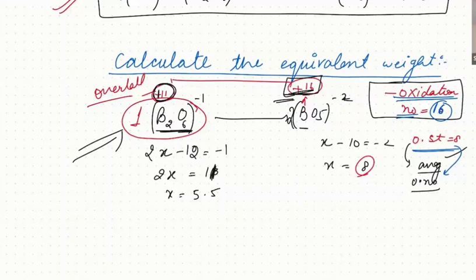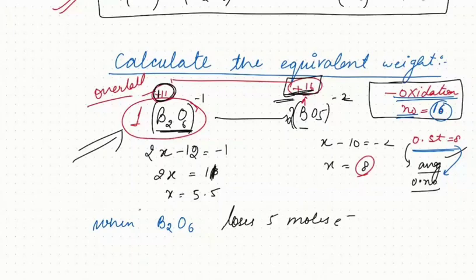So B2O6 transfers, or I would say it loses, 5 moles of electrons. 1 mole of B2O6 loses 5 moles of electrons in this reaction.